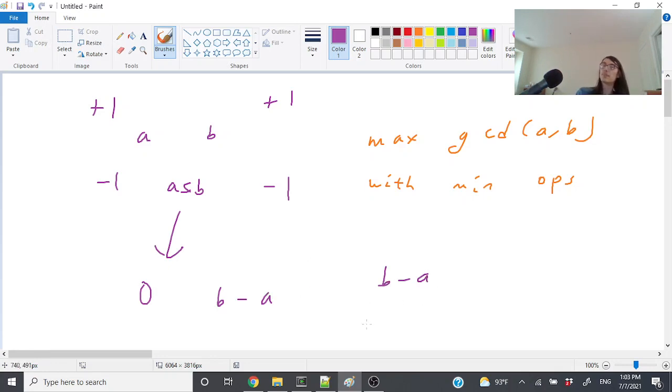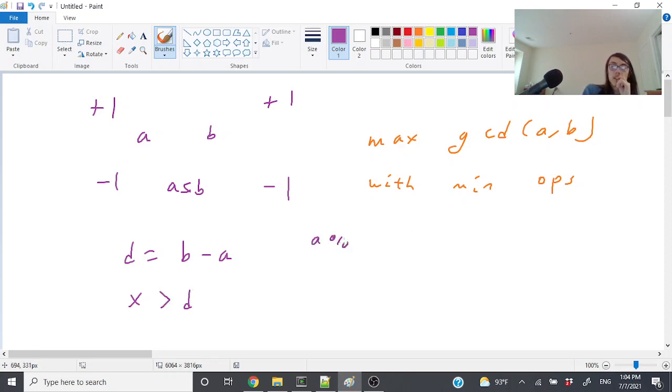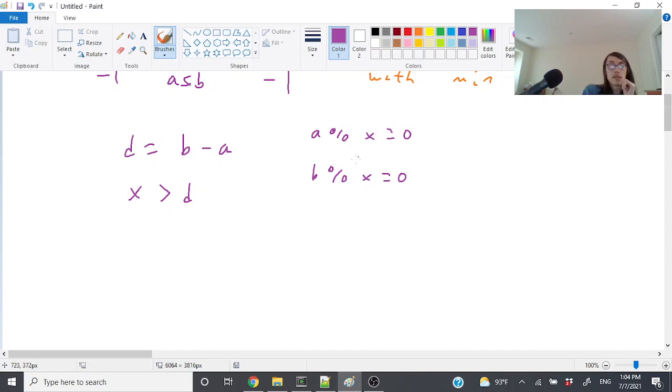And the question is, can you do better than this? And the answer is just no. The reason is, let this value d be the difference between the two, b minus a. If you bring it down to 0, you would get 0 and d. You can't do better, because suppose there was some number x greater than d, such that a mod x is equal to 0, and b mod x is equal to 0. Note that b is simply a plus d.